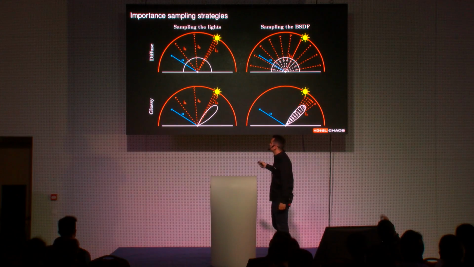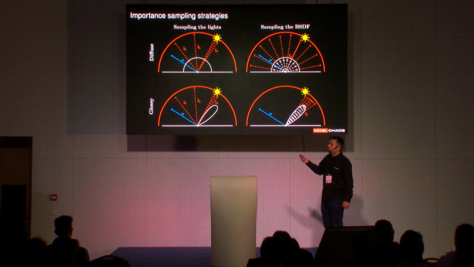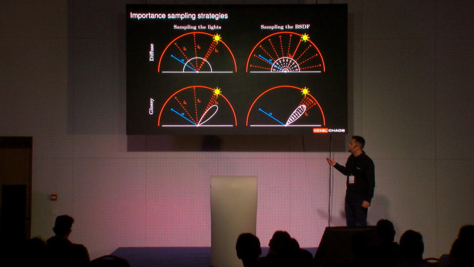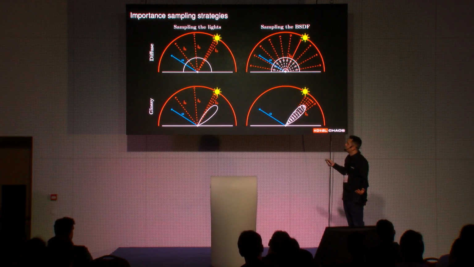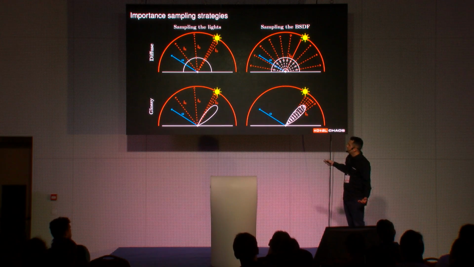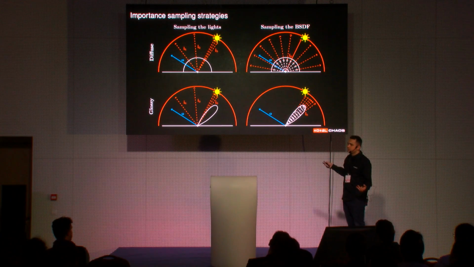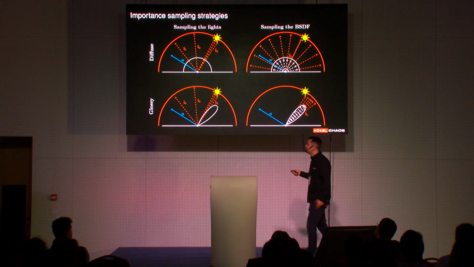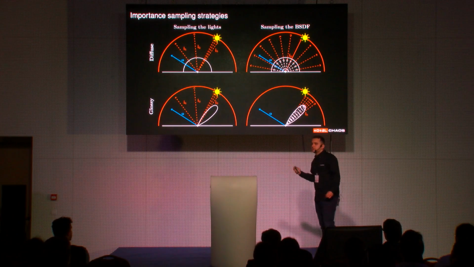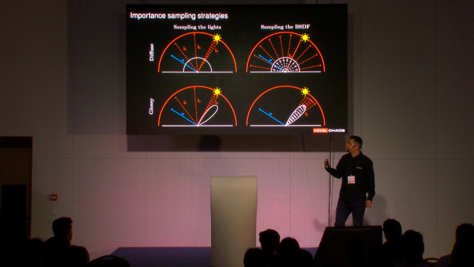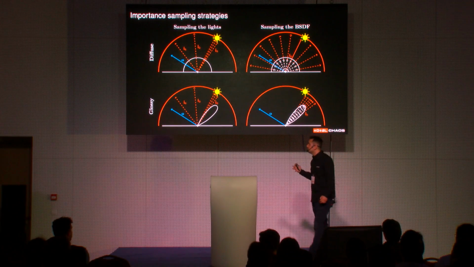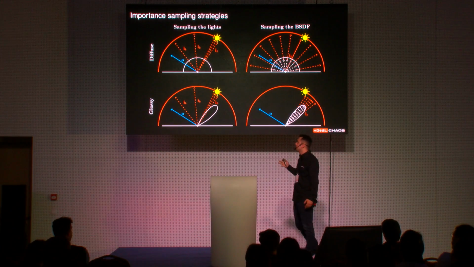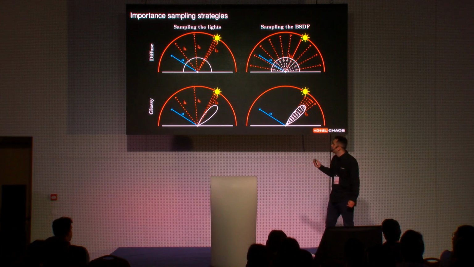In the case of diffuse material, this is the first row to the left. This is our perfect scenario because here the white arc is the BSDF. This is a perfectly diffuse BSDF, and it can scatter light in any direction, no matter where the light is coming from.